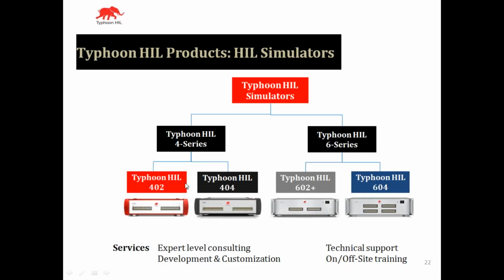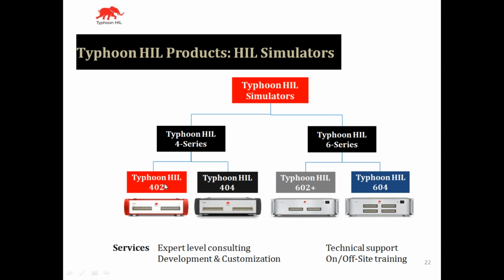Now, the number of single phase converters you can use is 12 for 4 series, with simulation time step down to 500 nanoseconds. For 602 plus, you can use 18 converters, and for 604, you can use 24 converters, with simulation time step down to 500 nanoseconds.